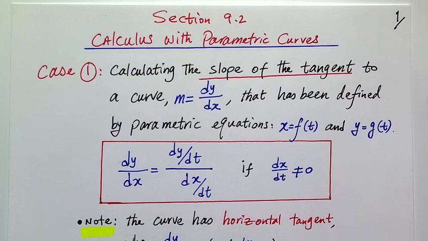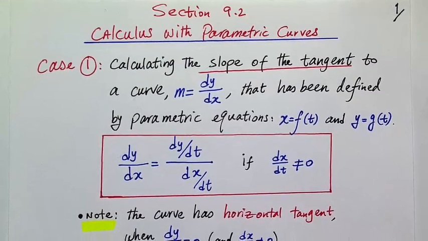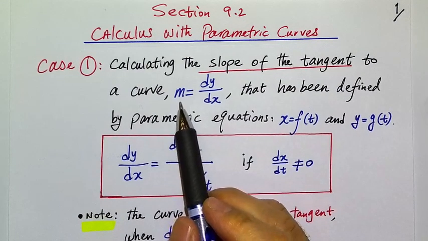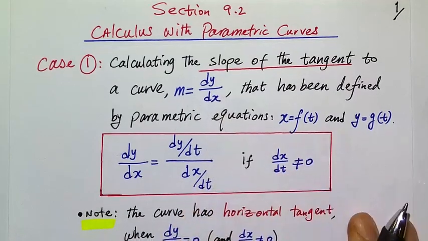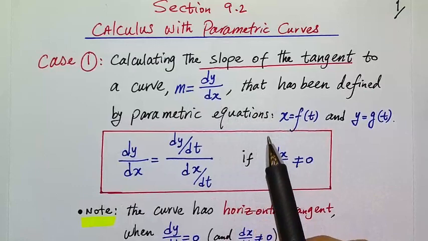So here, as you can see on the screen, we begin with case one, which is calculating the slope of the tangent to a curve, and I've called it m, which is familiar to us from basic algebra, or dy/dx, which is the calculus notation for that.